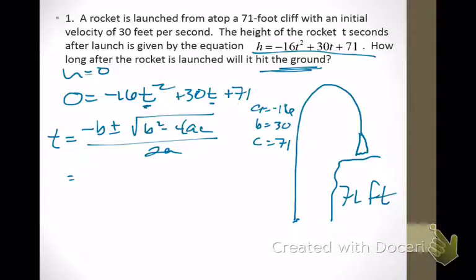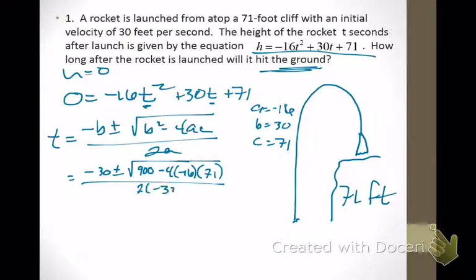And so we just plug in and go to work. So negative 30 plus or minus the square root of 900 minus 4 times negative 16 times 71, all over 2 times negative 16. And that's what we've got to solve.